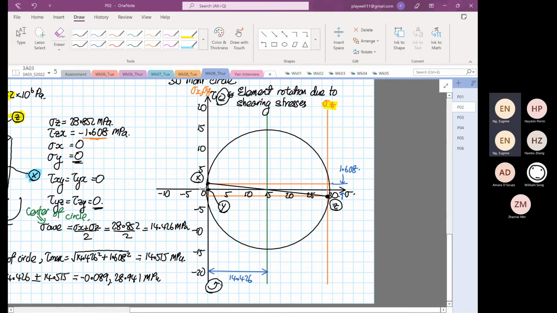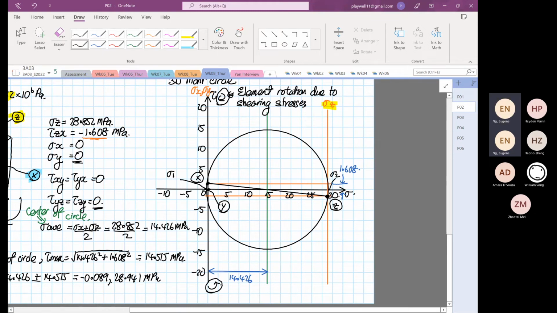So let me compress it a bit. Okay, so over here, this is your stress 1, and over here, this is your stress 2.